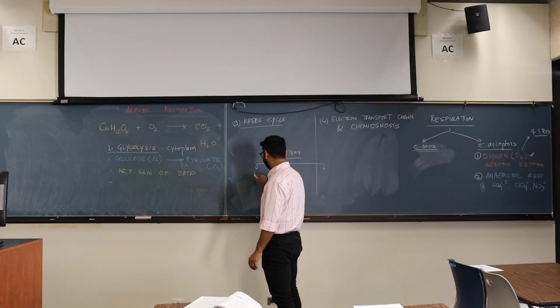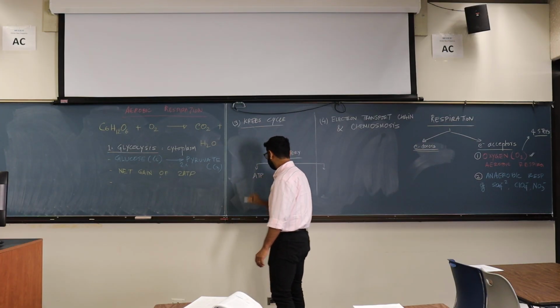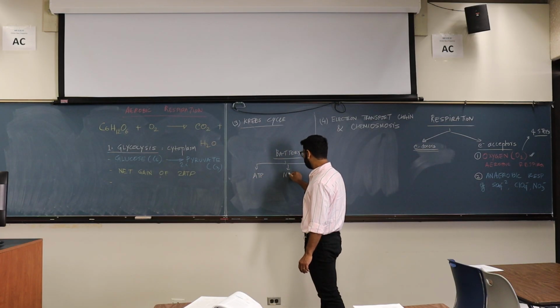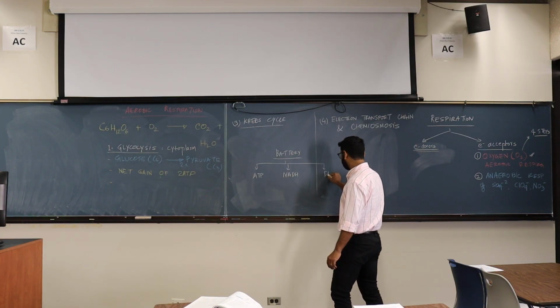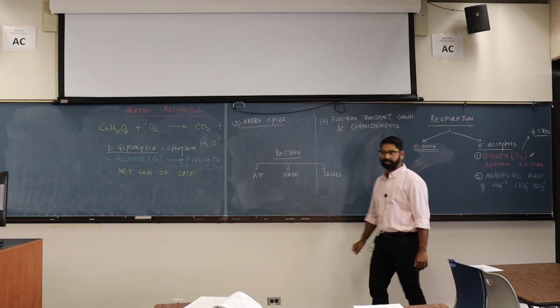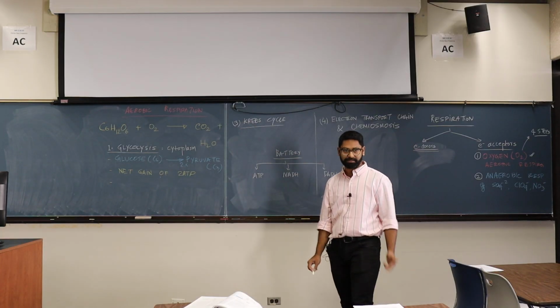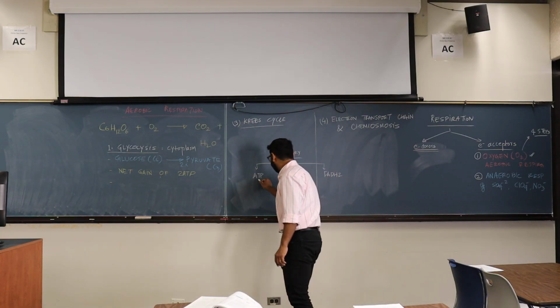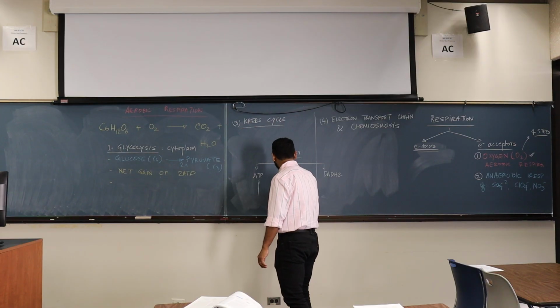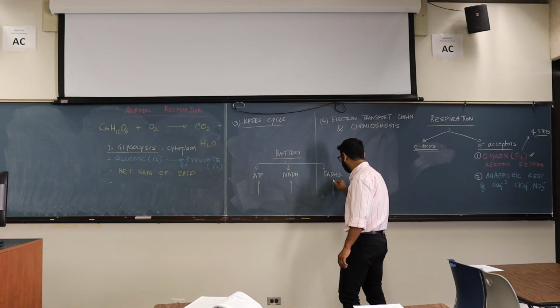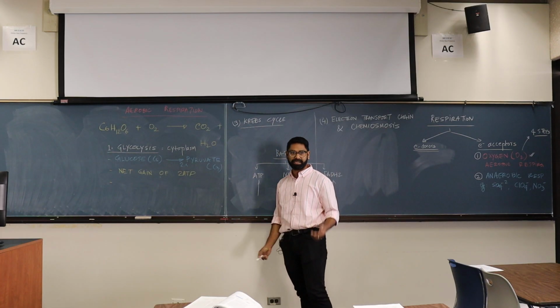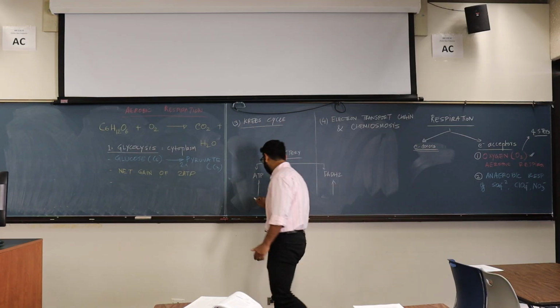One is the ATP, the other is NADH, the third is FADH2. These are the 3 batteries. Now these are the charged batteries. The discharged batteries of these corresponding batteries are what? What is the discharged version of the ATP called? ADP.